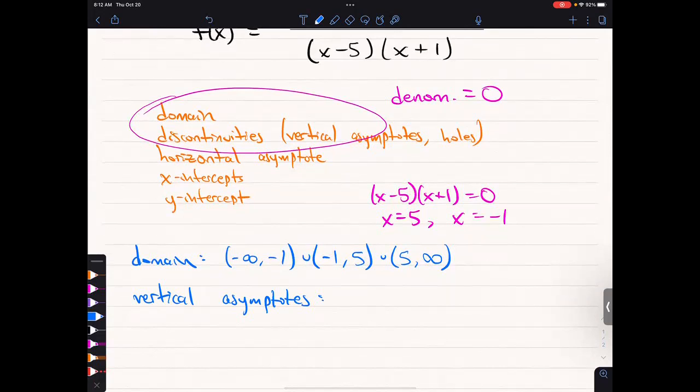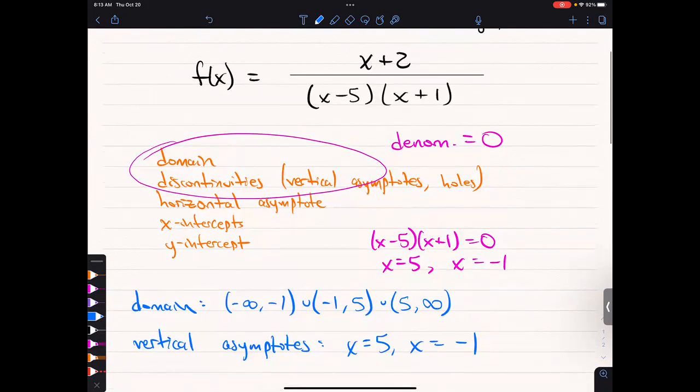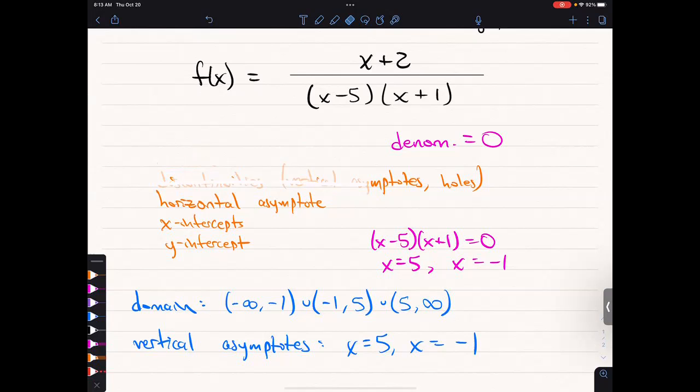Again, because those are zeros of just the denominator, not the top and the bottom, or because on the graph I see that asymptotic behavior happening there, that the graph breaks vertically at x equals 5 and x equals -1. Okay, so that's that. So done.